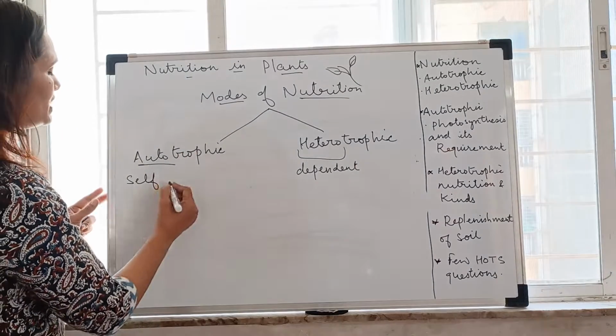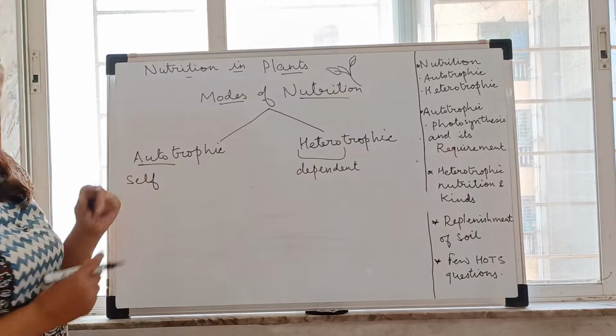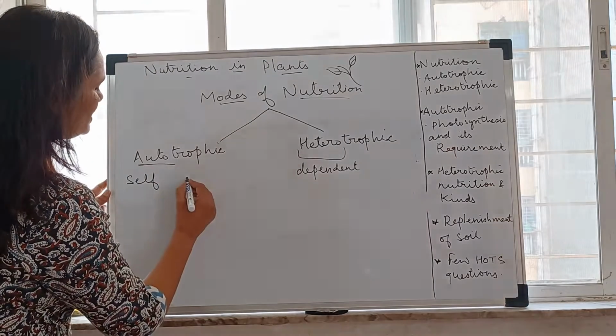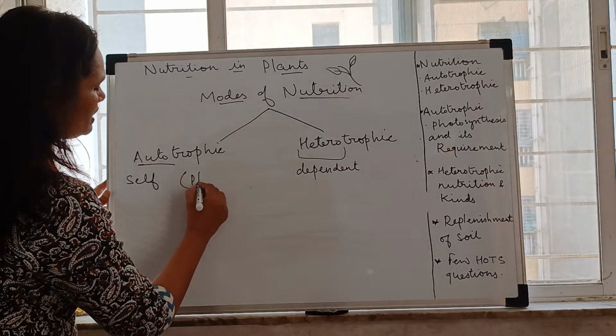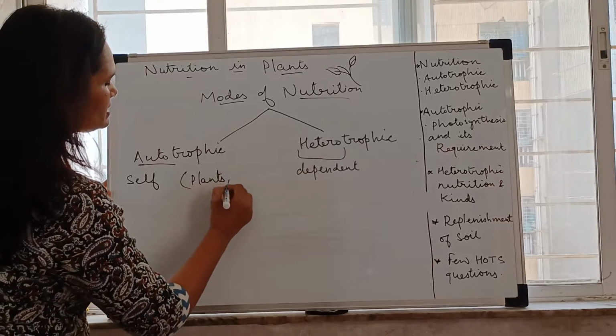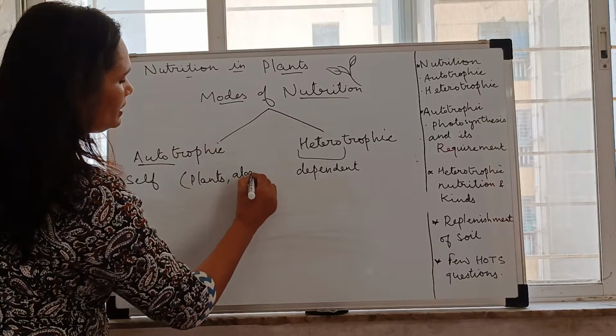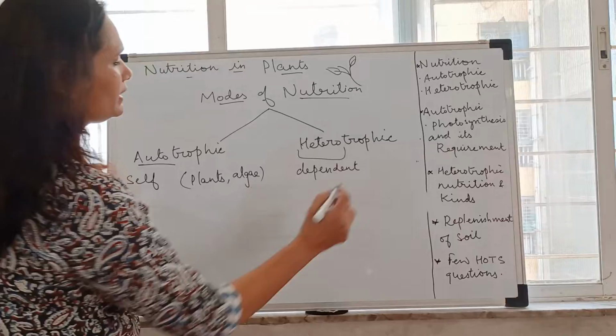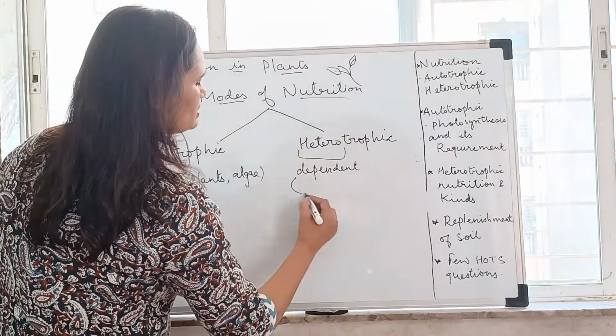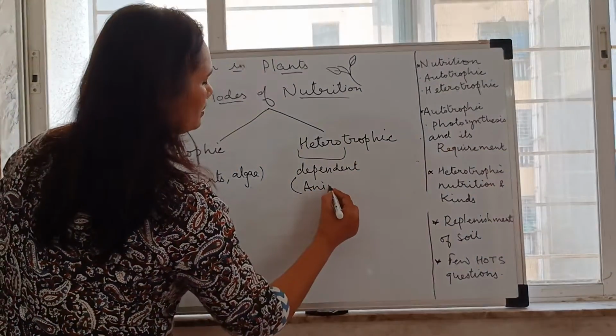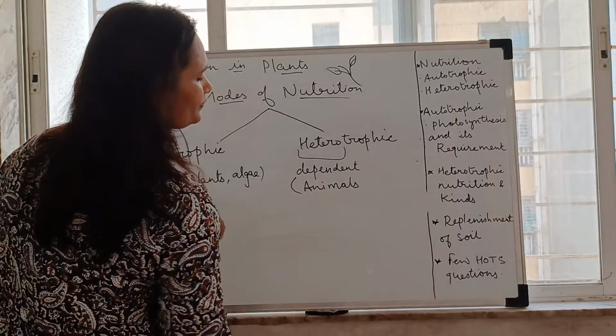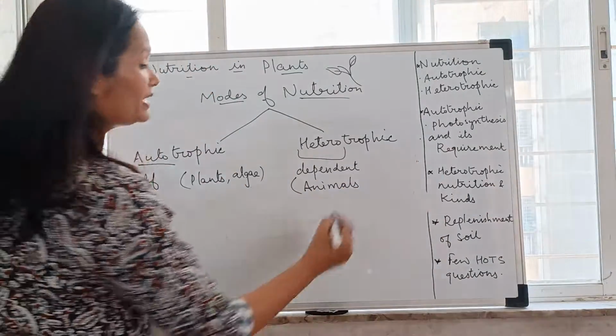Okay, so how do these autotrophic organisms prepare their food? Now examples also I'll give here. So they are plants, algae. Then dependent can be animals and certain other plants as well.